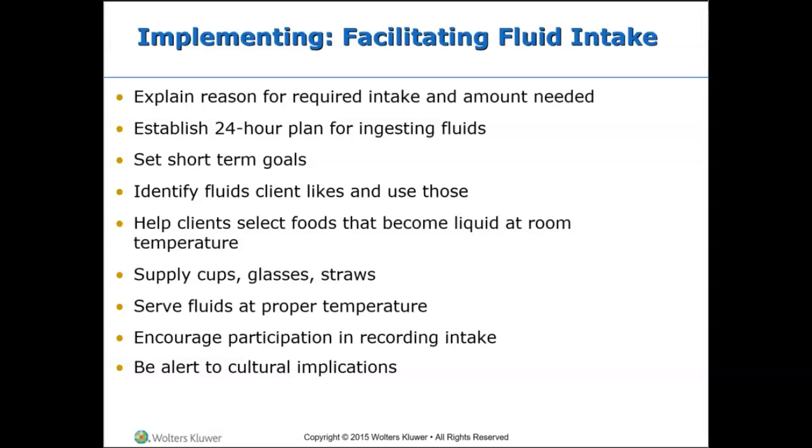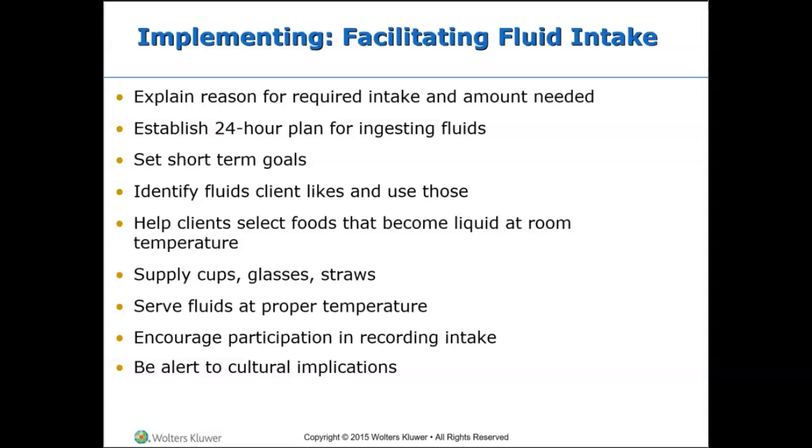And if they select foods that become liquid at room temperature, those items can also be counted, so encourage those as well. And if they like to drink through a straw, make sure they have plenty of straws available. If a drink is meant to be hot, serve it hot. And also find out if they like ice or no ice in their drinks, right?